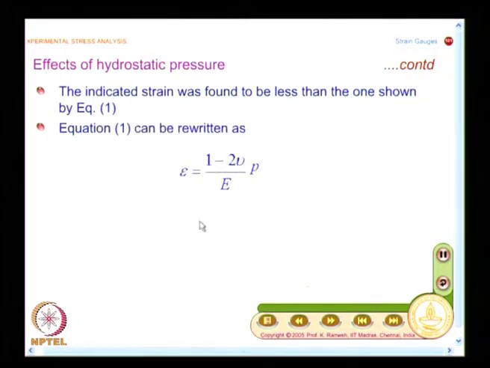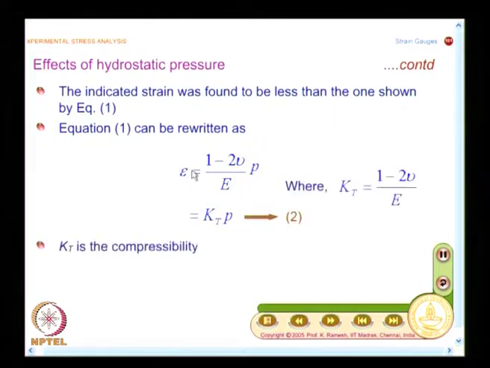So, what you have is the analytical expression for strain, which could be simplified as 1 minus 2 nu divided by Young's modulus E, multiplied by the pressure P. This could be rewritten as k T into P, where you define k T as (1 minus 2 nu) divided by Young's modulus.